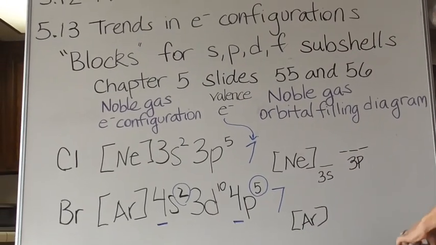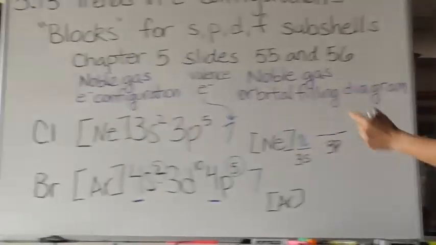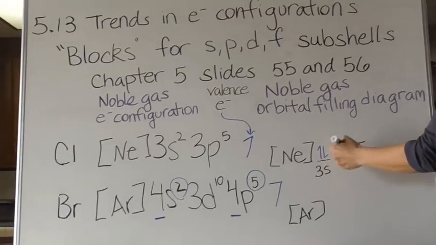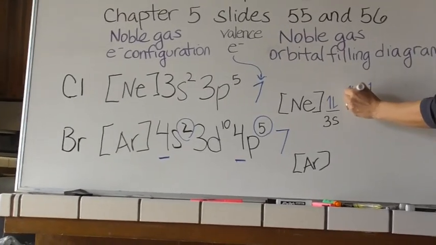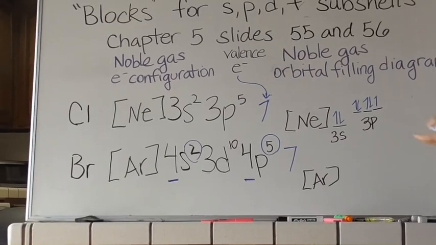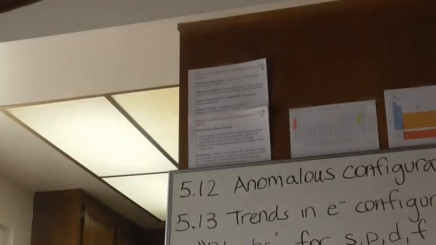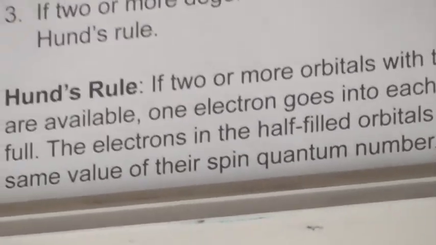And then for each one of those, you have to put in your electrons, one up, one down. When you fill the p, whose rule is it that tells me I've got to go across one at a time? So that's Hund's rule.